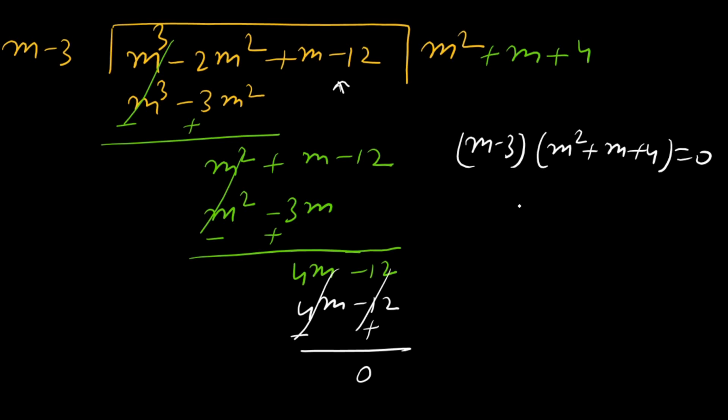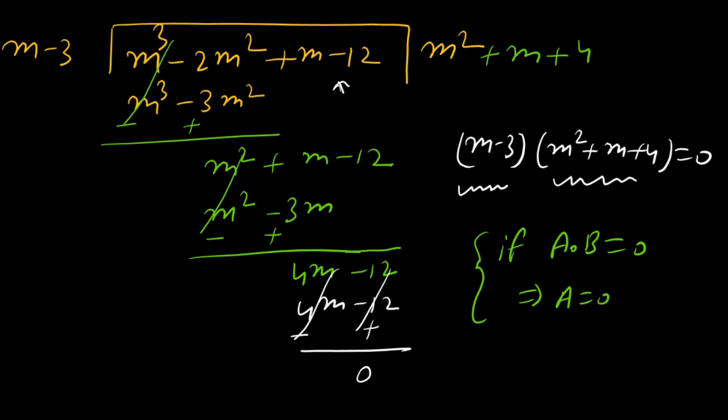is equals to 0. Here we have factor of this cubic polynomial: the first one is a linear factor and the second is a quadratic factor. Now we will apply this rule. If a into b is equals to 0, this implies a is equals to 0 or b is equals to 0.